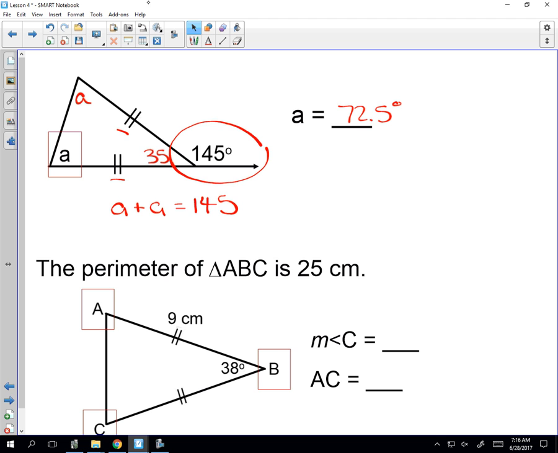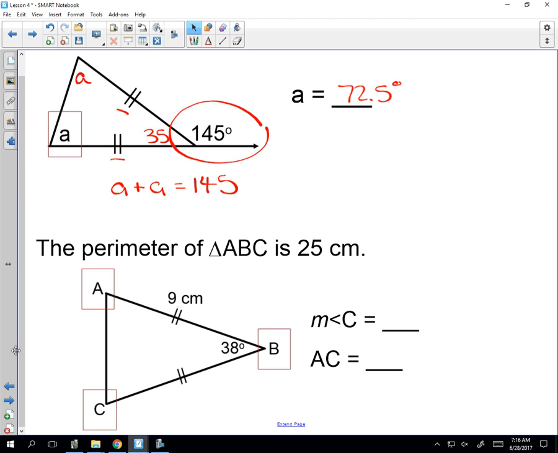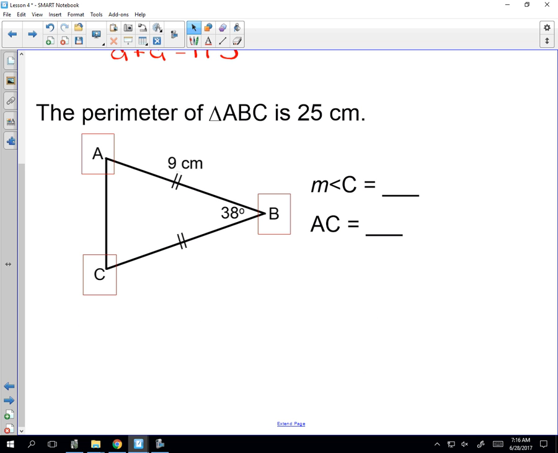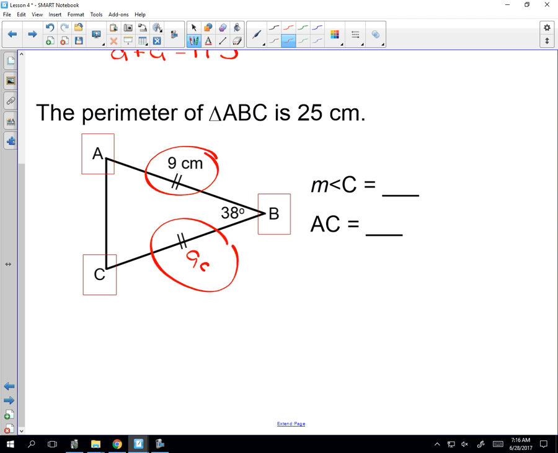Now working with side lengths is another thing that we can do. So we can work with the side lengths of the triangle. Always remember, any information you're given, if you can copy it to another spot, we want to do that, because we're going to try to find this measurement here for AC. And what we know is, since the two side lengths are equal, the two angles across from them are equal.